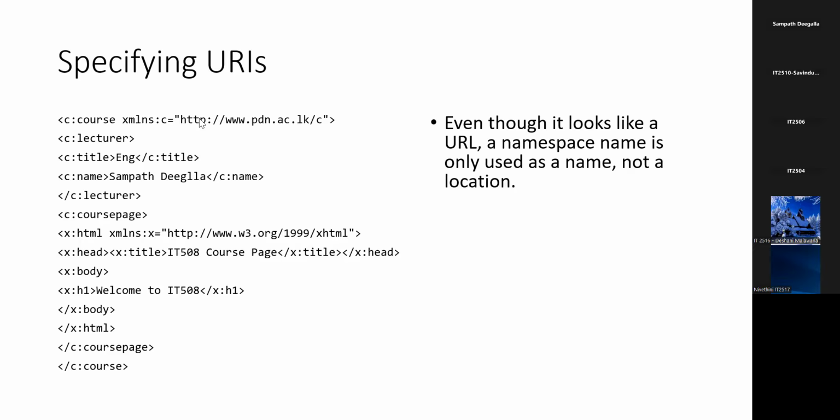Remember, it's just a name that we use here, not a particular location, although it looks like one. For HTML, this is the default. When you're creating and using namespaces, you can use URI information, and it's very similar. Again, we say xmlns:x, and this will define the URI, right? As I told you earlier, these are used as identifiers when we are creating XML documents.